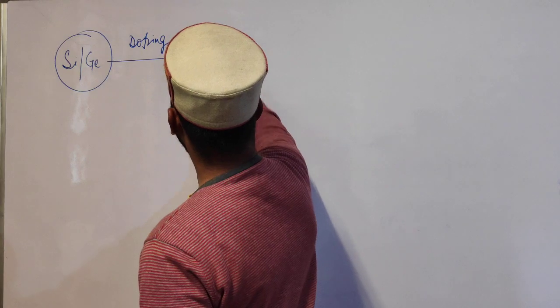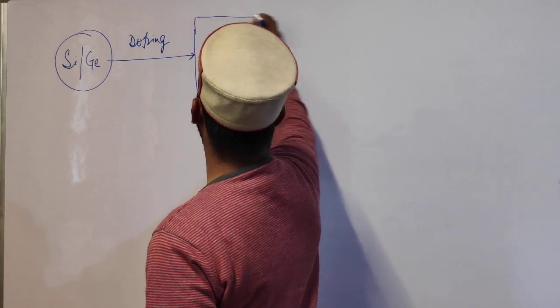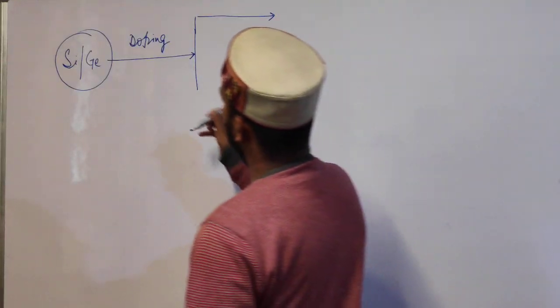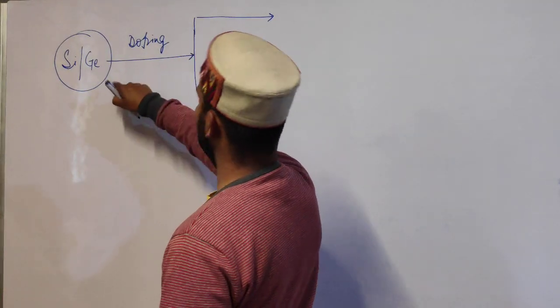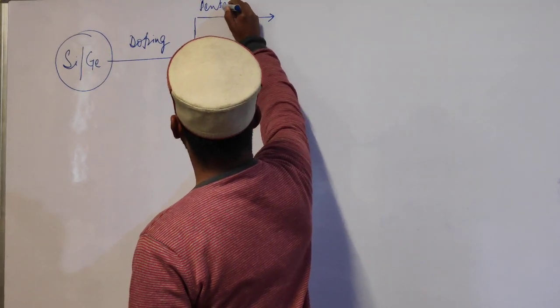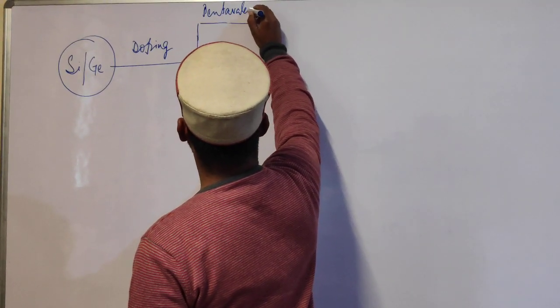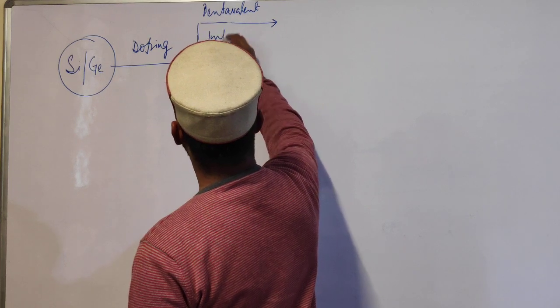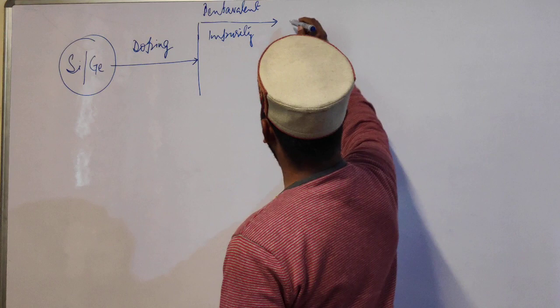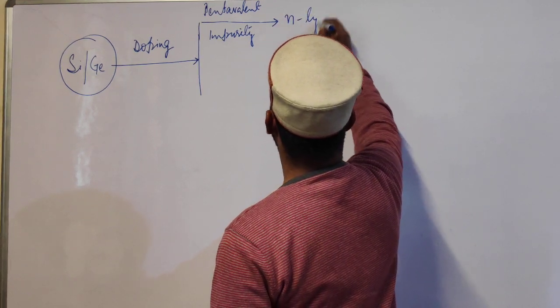In doping, we had studied that a silicon or germanium crystal can be doped with a pentavalent impurity, that is a group 15 element, and upon doping with a pentavalent impurity we get an n-type semiconductor.